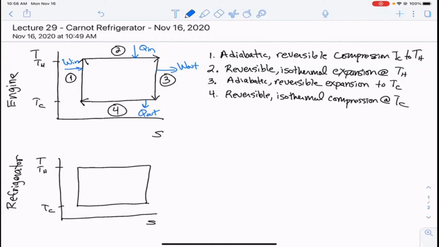The actual food and the refrigerator compartment in a refrigerator is not the system, it's the surroundings. And one of the things I'd really like you to try to do as we work through refrigeration problems is to start to think of it that way: the space in the refrigerator is the surroundings.